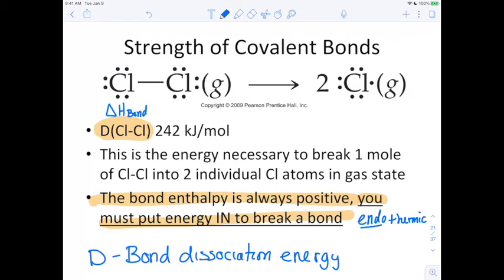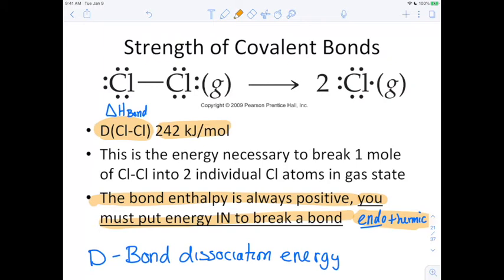That is the same thing for any chemical bond. Even if it would be more stable if the 2 elements parted ways, it still always costs energy. That is why it is always endothermic. Okay, so here's giving the value for our Cl2, and that is 242 kilojoules per mole.